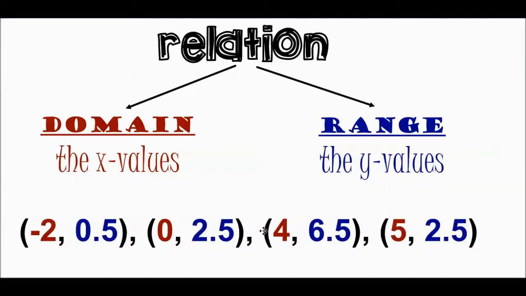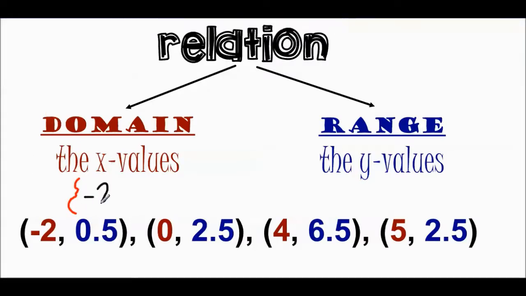So down here you see a relation. You see 4 coordinates there: -2 and 0.5, 0 and 2.5, 4 and 6.5, 5 and 2.5. And the dark red, that is the domain. So if I were to talk about the set of the domain, we use these brackets instead of parentheses so we don't think they are coordinates. Let's go with black.